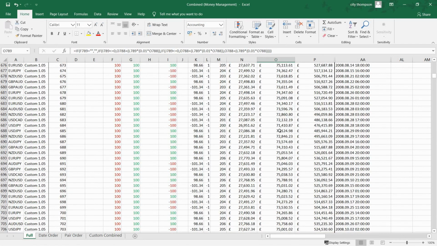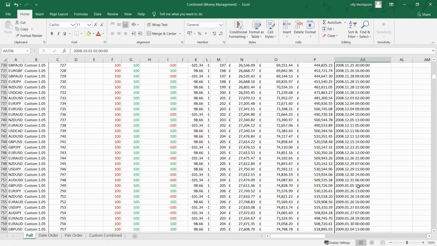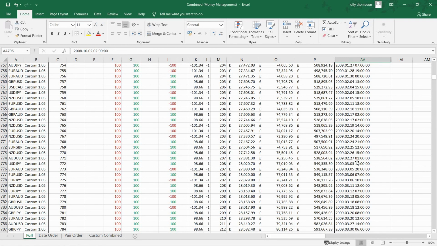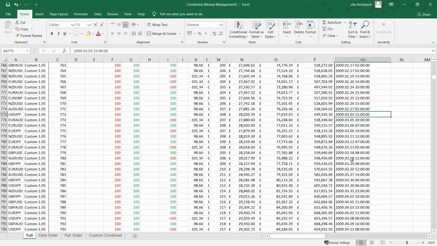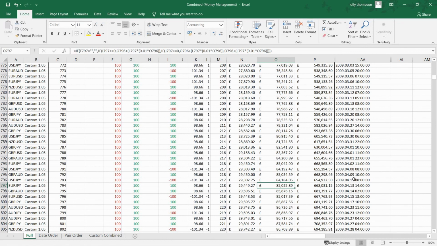Where was it? 702, wasn't it? So from the beginning of October all the way down to February, we've had 4 months where we've pretty much not made any money. 4 months. And then all of a sudden, throughout March into April, we've made 10 grand.